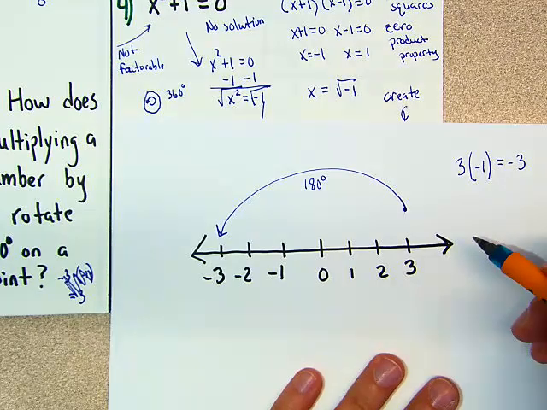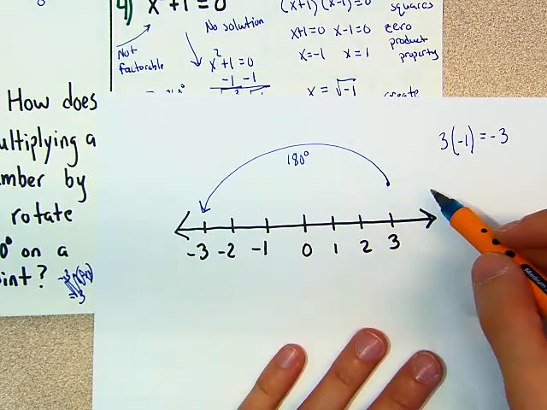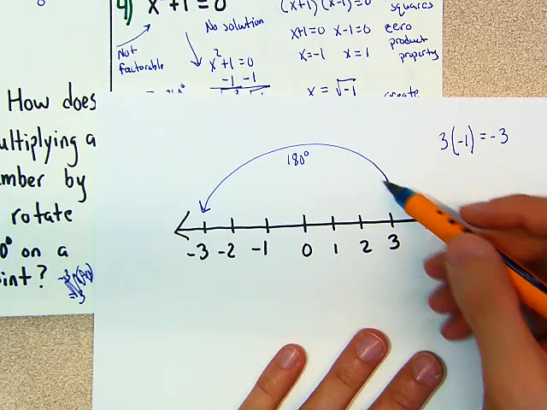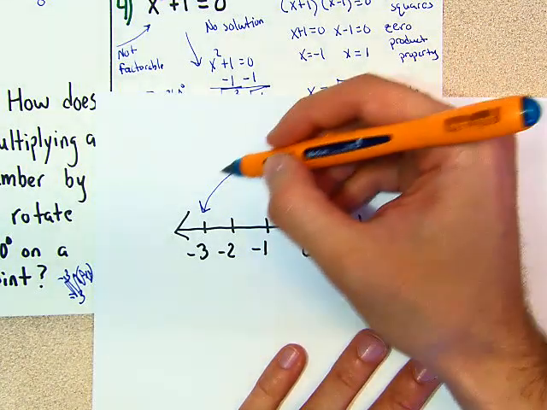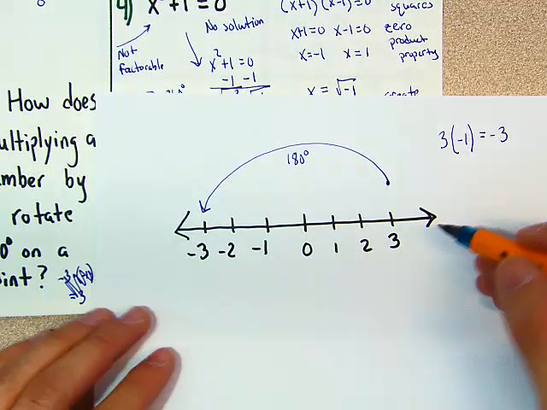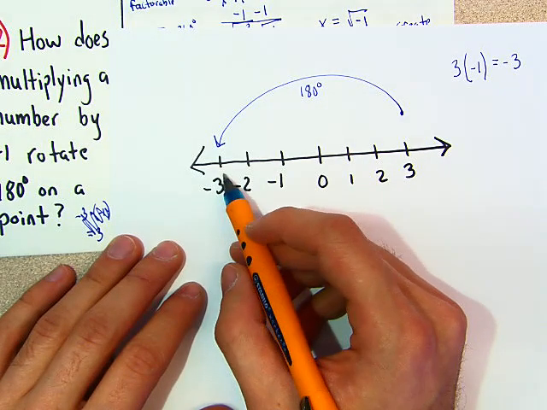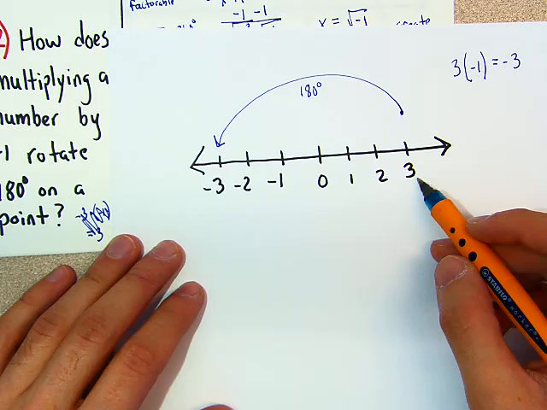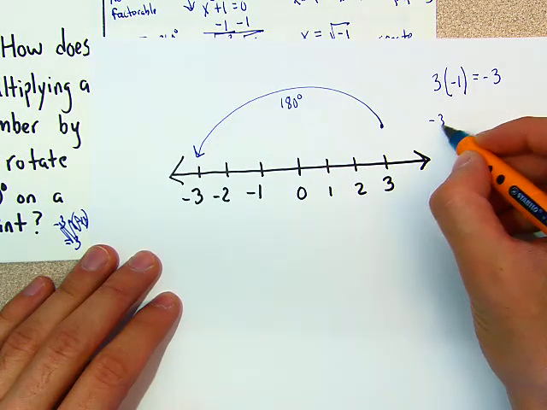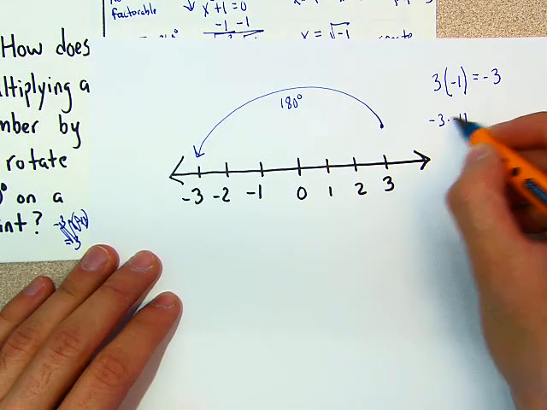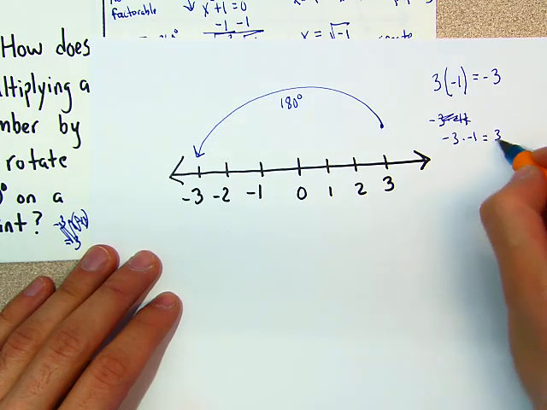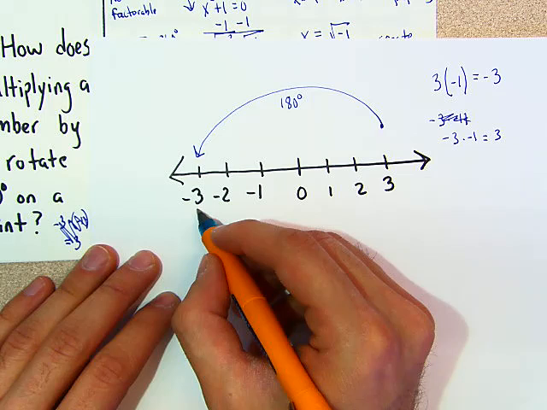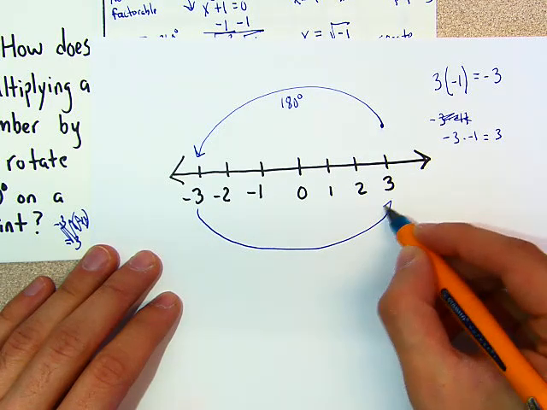So the way it goes is you are doing a 180-degree rotation to -3. You never really realize it, but that's what's happening. When you go from 3 to -3, you're making this 180-degree rotation. But how do you go from -3 back to 3? You do -3 times -1, and that's equal to 3.